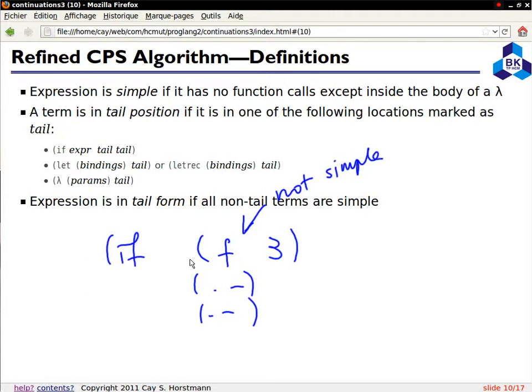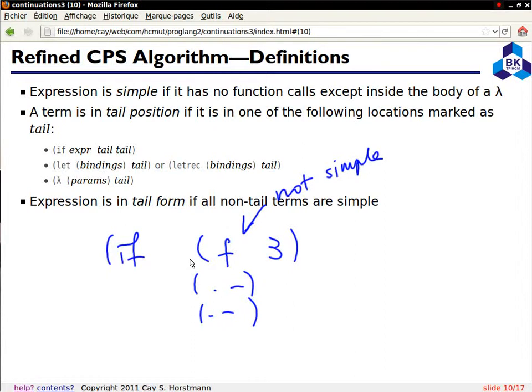All right, that's definition number 1. Definition number 2. A term is in tail position if it's in one of the following locations. And this is actually something that's going to look familiar to you. So we're saying that the then and the else parts of an if are considered tail position. And that's because if you have a recursive call there in either one of those positions, then you can replace it by a goto.